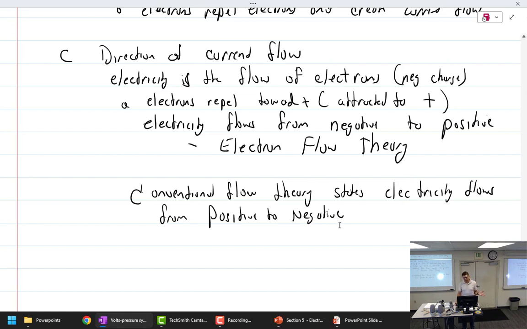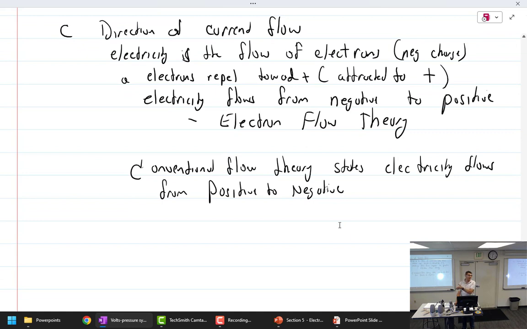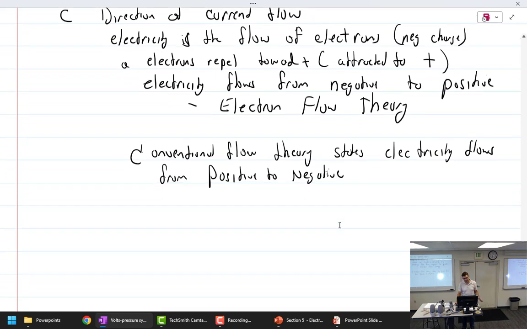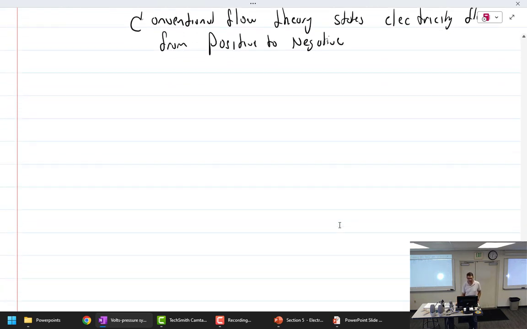The electron flow theory says it goes from negative to positive. And the reason why that is correct is because if we take a battery, and a battery schematically looks like this, this side right here is the negative, and this side right there is the positive. The long line is the positive, and the short line is the negative.